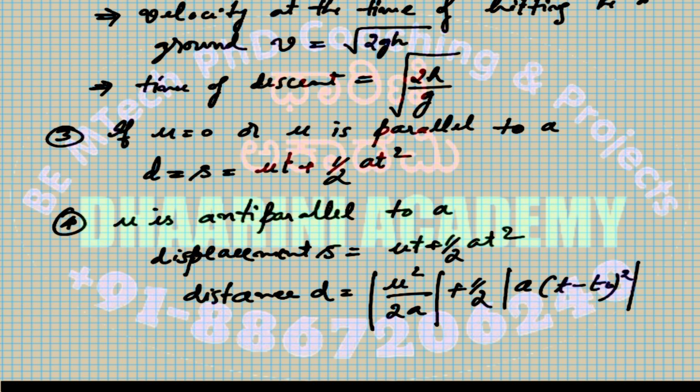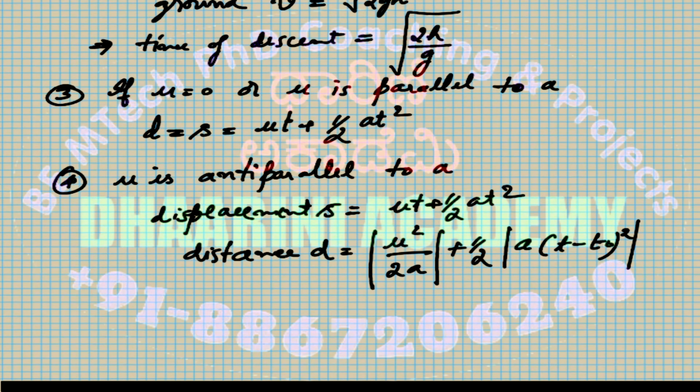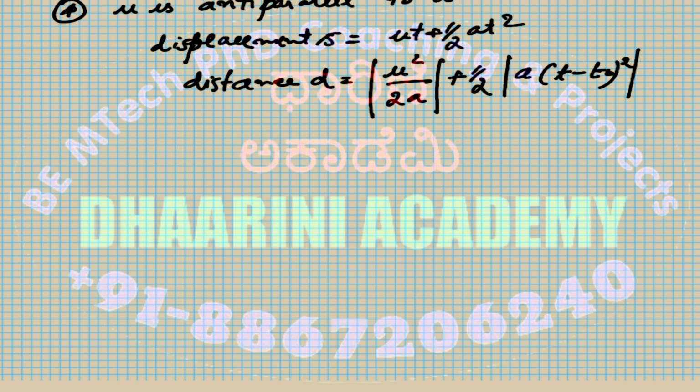So let us write what the variables are over here. u is known, a is known, acceleration, and t is the total time taken.